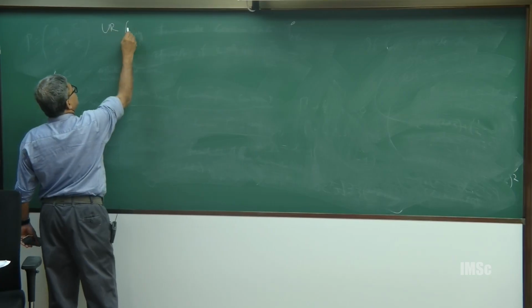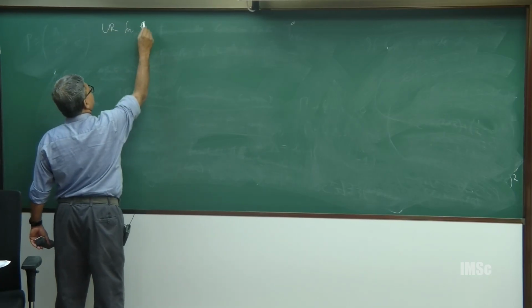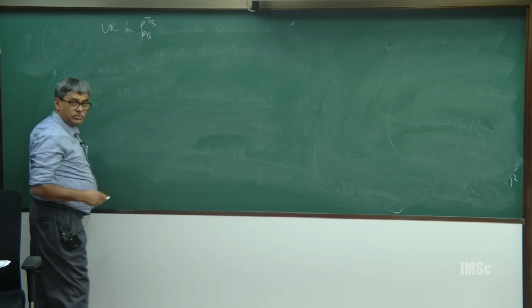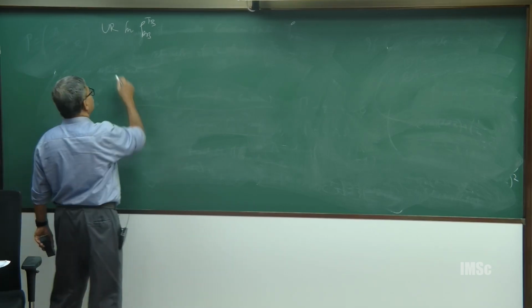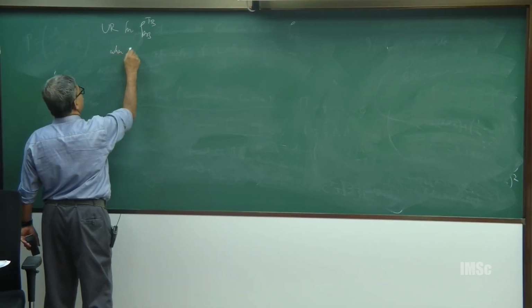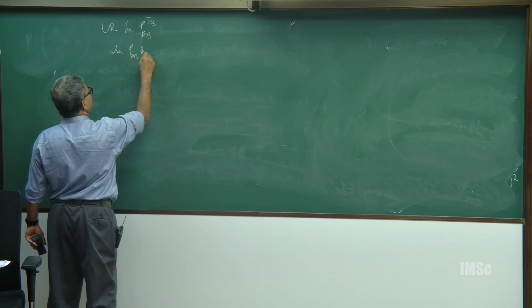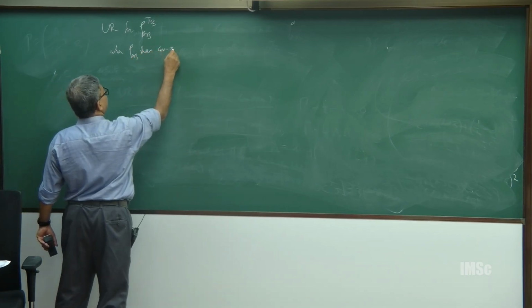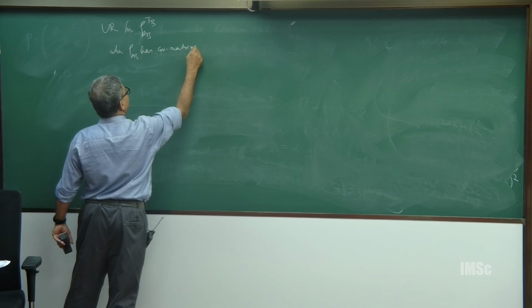So, the uncertainty relation for rho AB^TB, where rho AB has covariance matrix gamma 0.